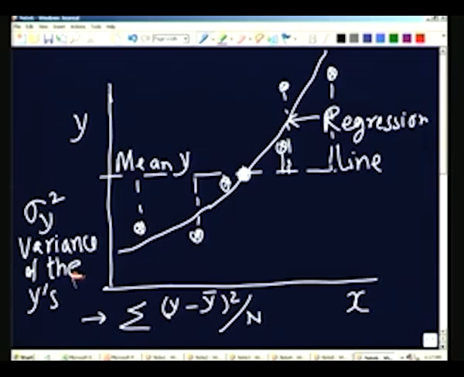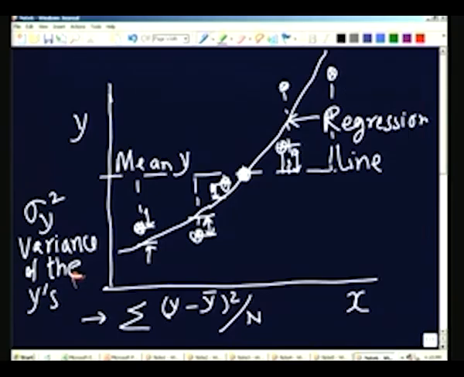Now, if you look at this graph, I have got a line which we call the regression line, and with respect to the regression line there are errors. This is the error, or the difference between the regression line and the data. Again we have a difference here and here.